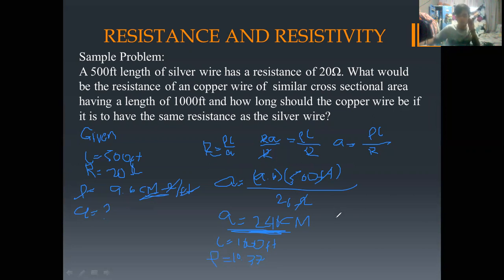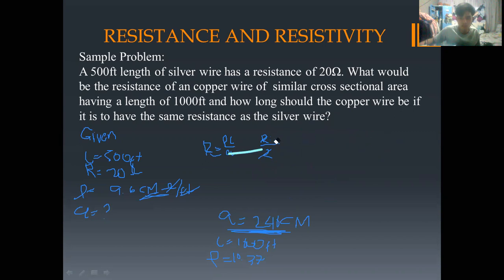So we have the givens for the question about the resistance of a copper wire of similar cross-sectional area having a length of 1,000 feet.